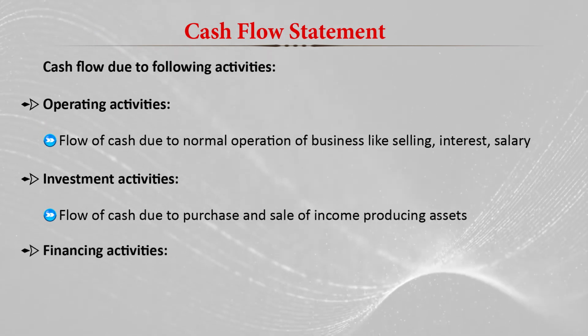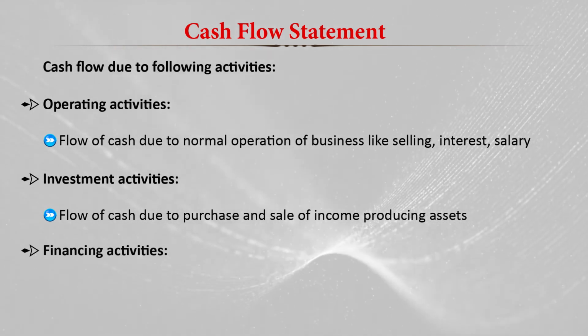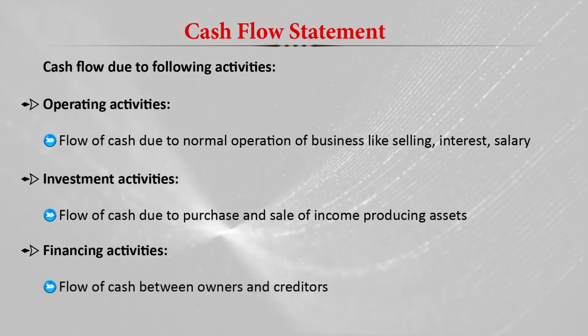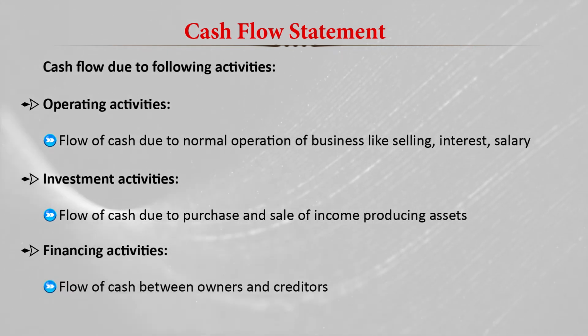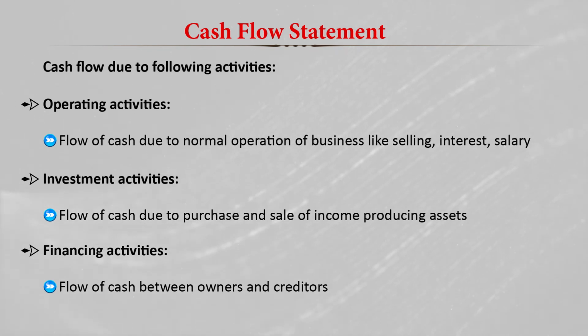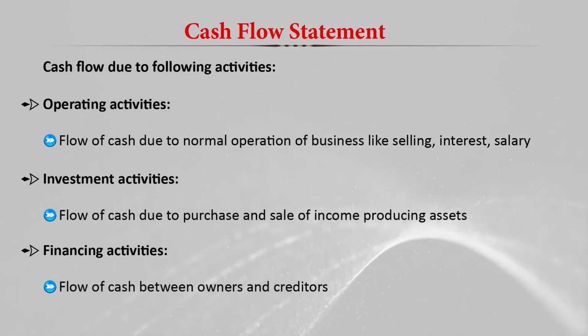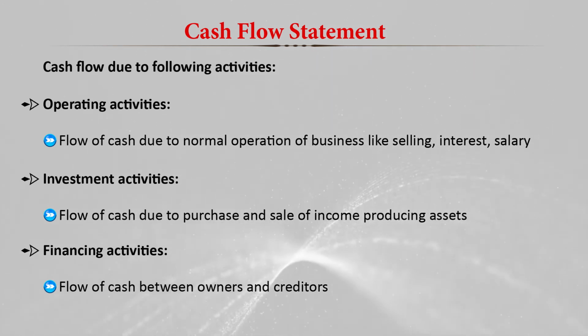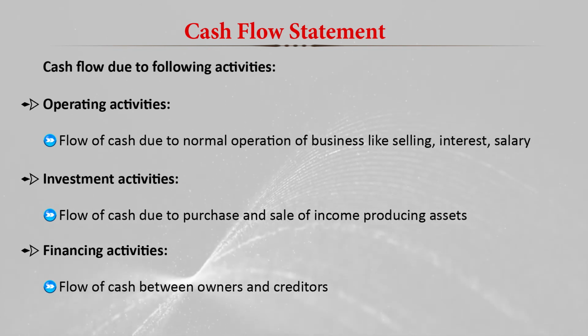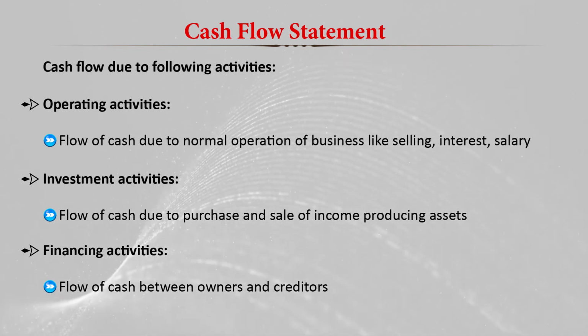Then we have the financing activity, like the flow of cash between the owners and creditors. If we are getting some loan from the bank, the fund is coming to the company. If we are making the repayment, the principal we are paying, that means the fund is going from the firm to the bank.